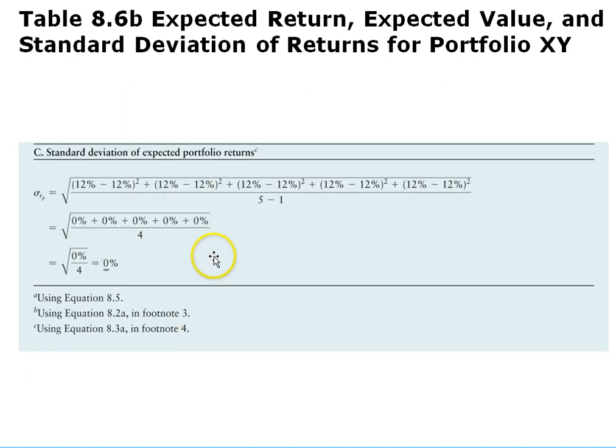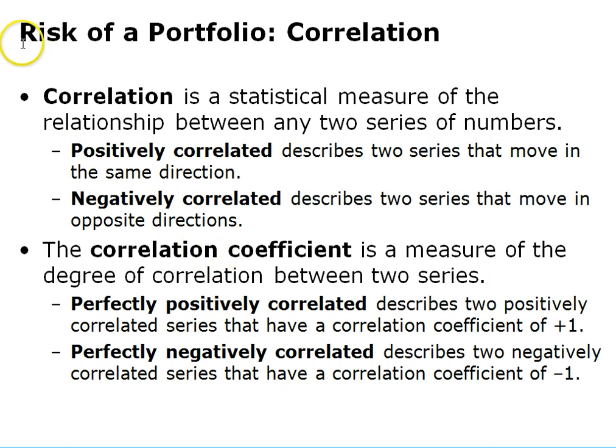And this is important because you could have assets that don't correlate, or that correlate perfectly or negatively. Positively correlated describes two assets that move in the same direction. Negatively correlated are two assets that move in opposite directions. If you're perfectly positively correlated, we'd say that's a correlation coefficient of +1, and the two assets are moving in identical trajectories.